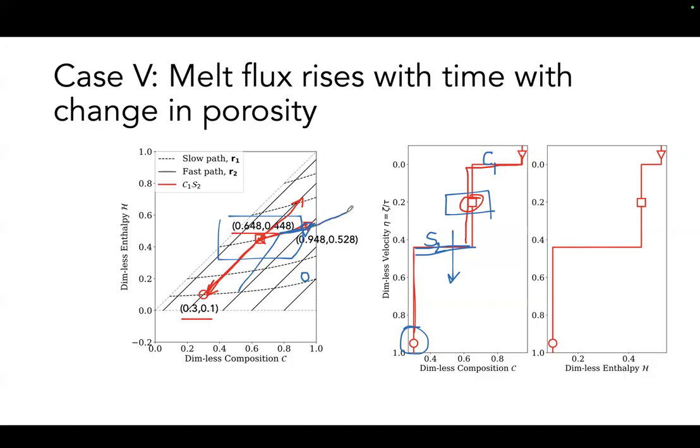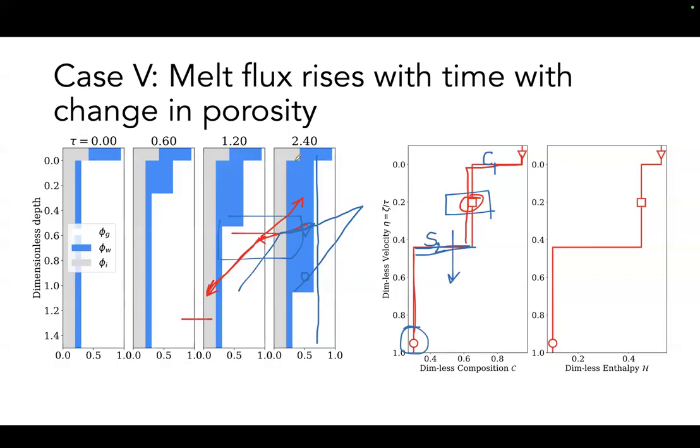You would need to go here and then along the slow path and then draw the fast path, which is not physically possible because the hodograph plane only goes for C less than 1. So in this case, you can see a wetting front moving downwards with a constant velocity, and then there is a jump in porosity, as in the previous case.